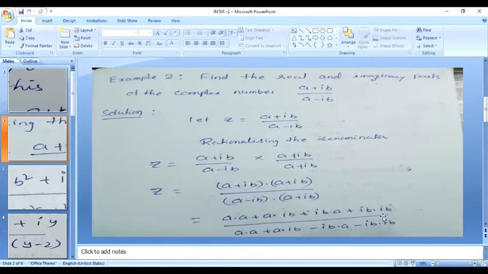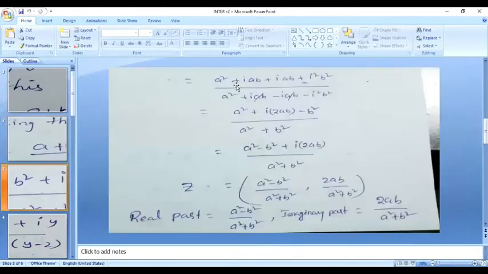Next ib into ib is i square b square. And in the denominator, a into a is a square, a into ib is iab, and ib into a is iab. Next ib into ib is i square b square. This is now a square plus iab plus iab plus i square b square.